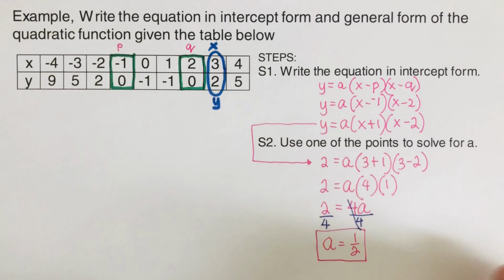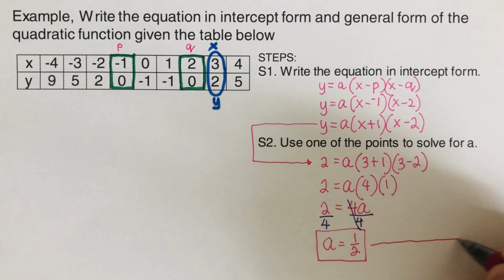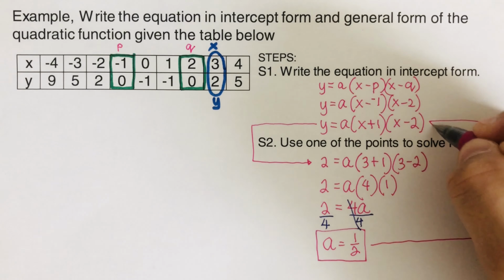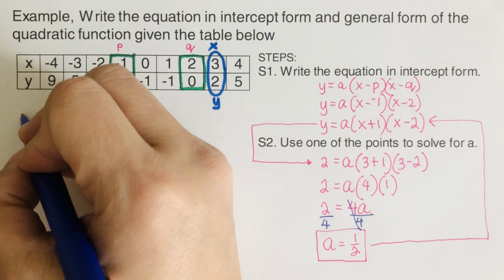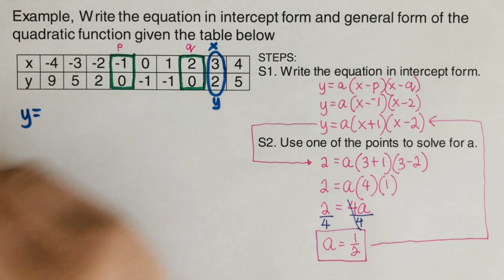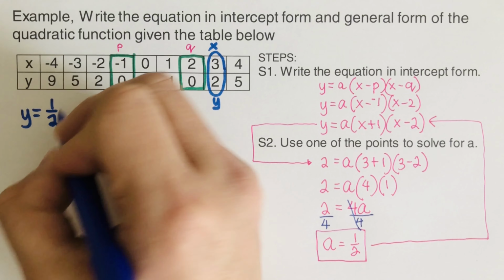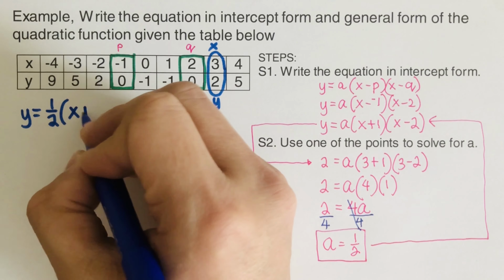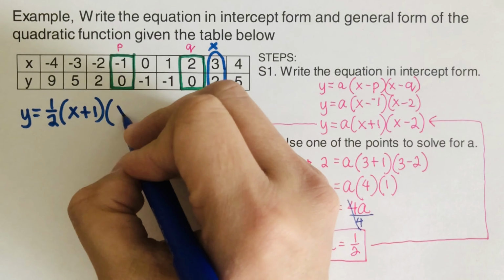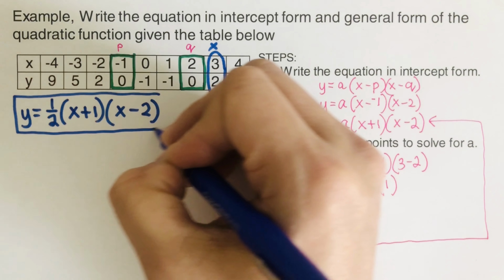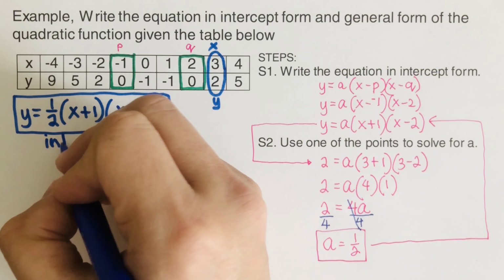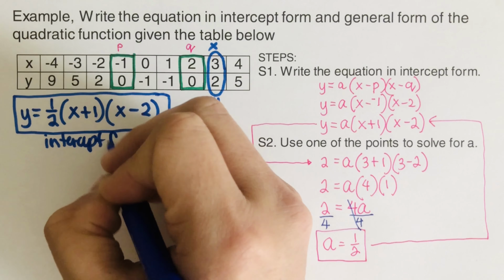Now, the next thing that we are going to do is plug this back into the first equation for a, and we can come up with the intercept form, which would be y is equal to 1/2, which is the a, parentheses x plus 1 parentheses x minus 2. And so this is our intercept form.